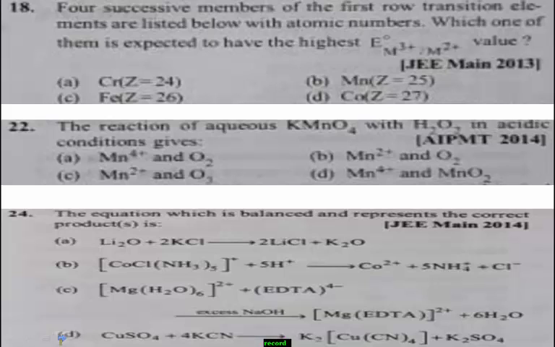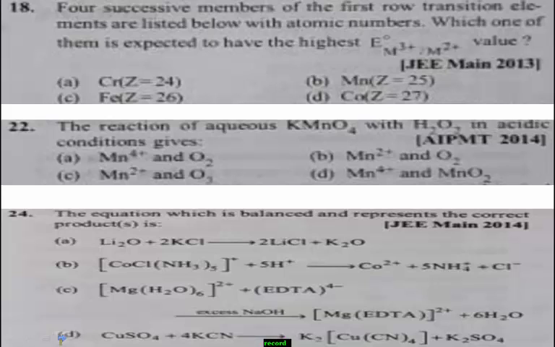Next, question number 18. Four successive members of the first row transition elements are listed below with atomic numbers. Which one of them is expected to have the highest E0 value? Here M3+ changes to M2+, E0 value.